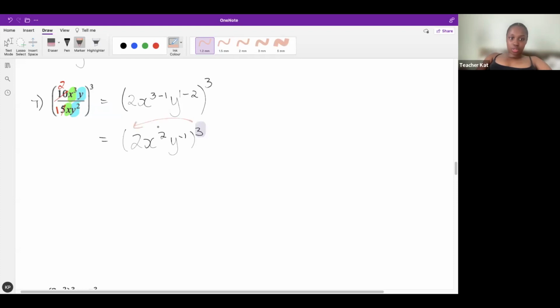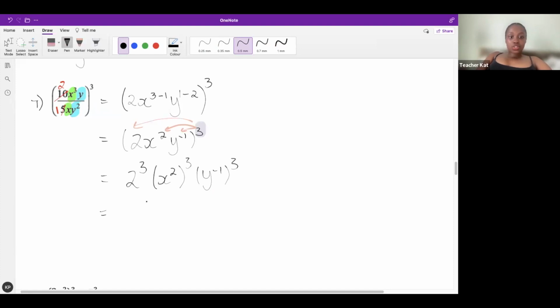Distribute. So we're going to distribute it to the 2, the X, and the Y. Okay. So now I have 2 cubed times X squared all cubed times Y to the power of negative 1 all cubed.